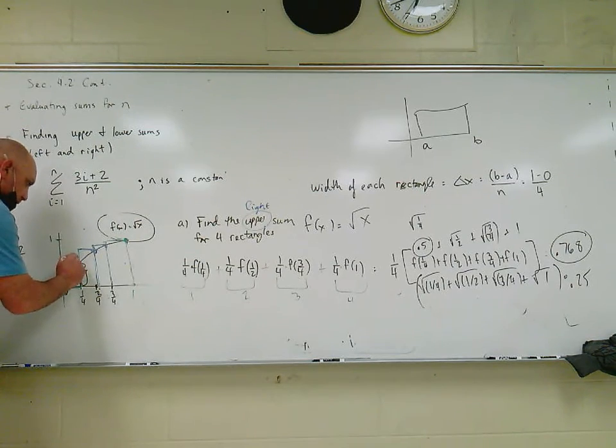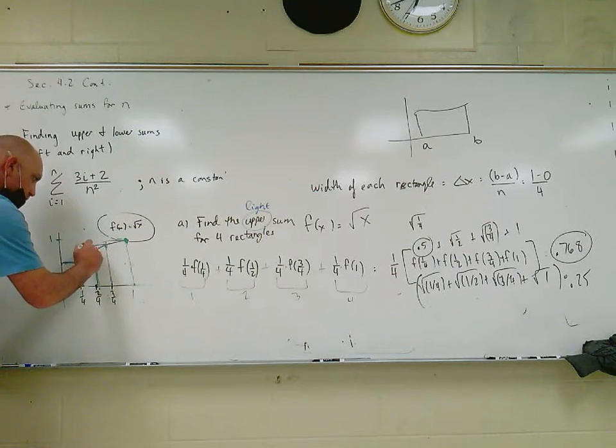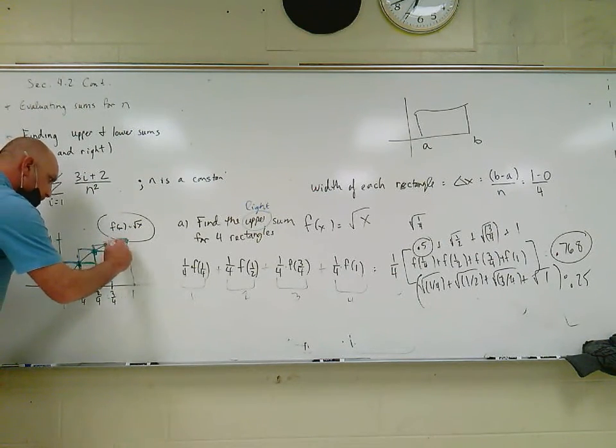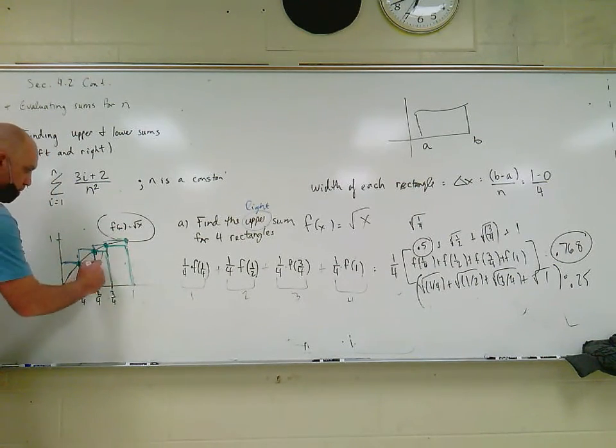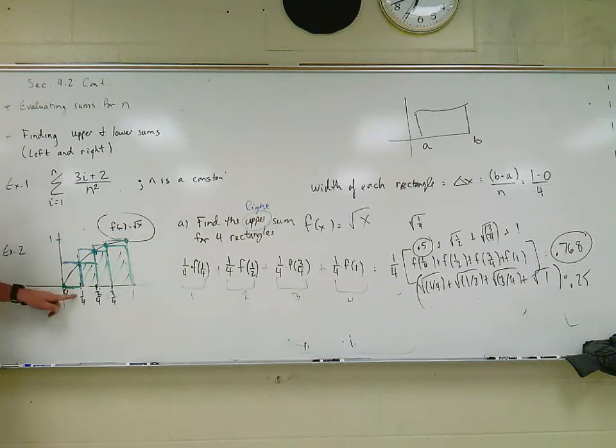Then the next rectangle is gonna be here, then the next one here, and the next one is here. And here are your 4, actually just 3 rectangles. So don't even do the first one. It's 0. And you can see f of 1/4, f of 1/2, f of 3/4.